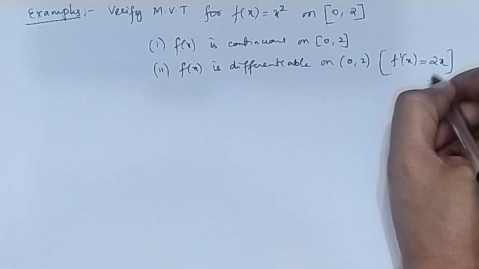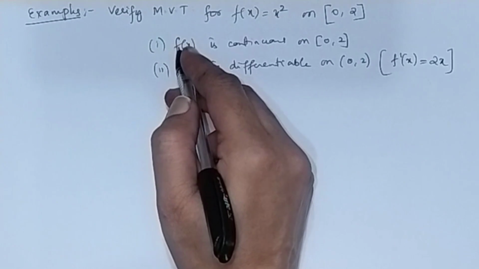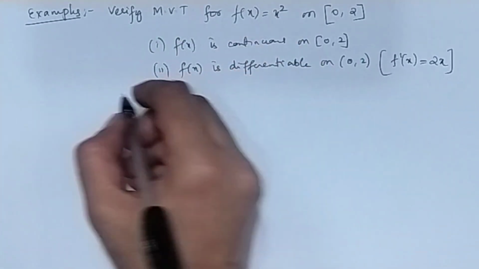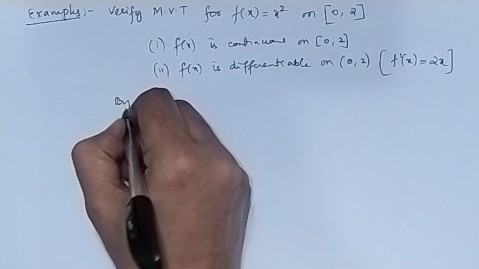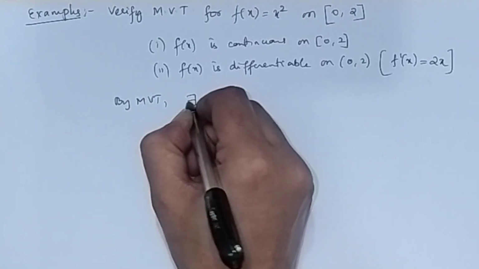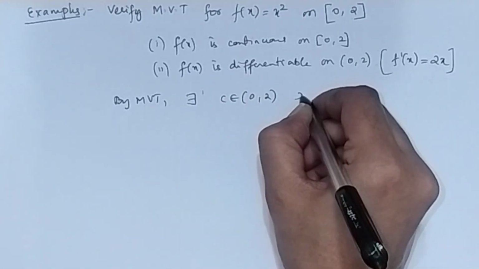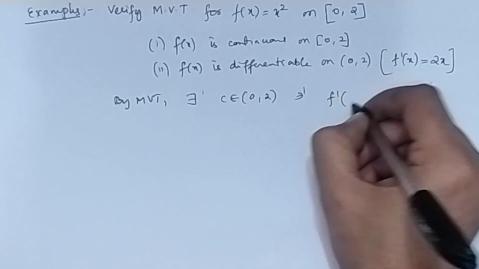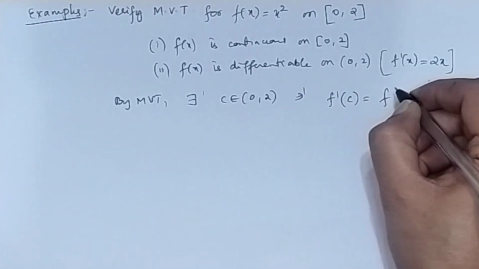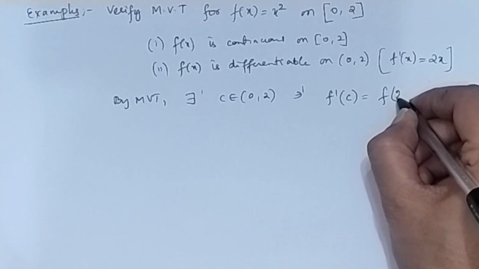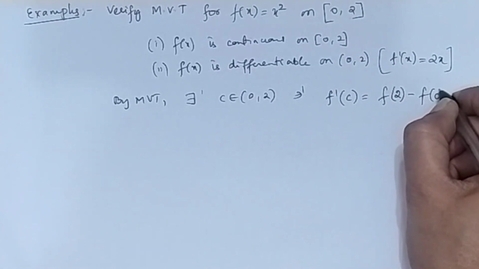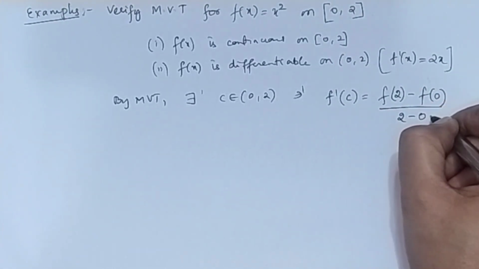Keep this in mind. Therefore, now you can apply the mean value theorem for this function. Therefore, by the mean value theorem, there exists some c belonging to the open interval 0, 2 such that f dash of c is equal to f of 2 minus f of 0 divided by 2 minus 0.